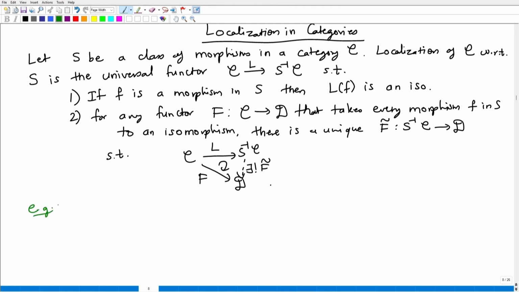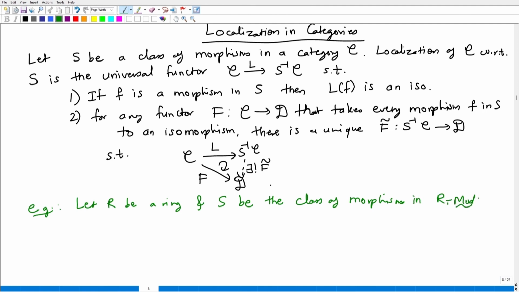So for example, let's consider this. Let R be a ring and S be the class of morphisms in R-mod consisting of this.